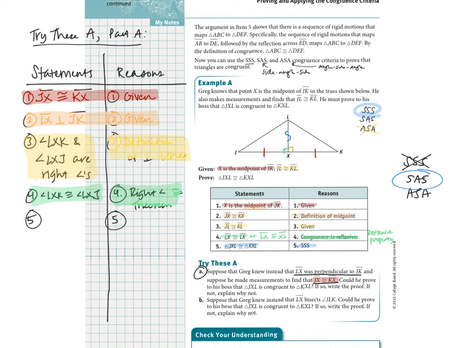So we know we could say that LX is congruent to LX, or some of you might like saying LX is congruent to XL. So again, that's going to be our reflexive property. Let me try not highlighter. Did I spell that right? No, our reflexive.